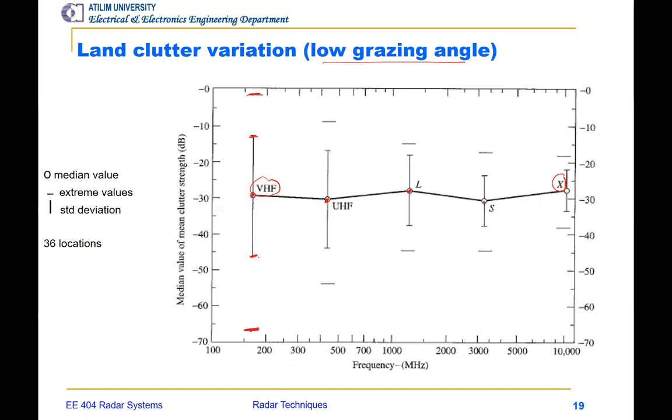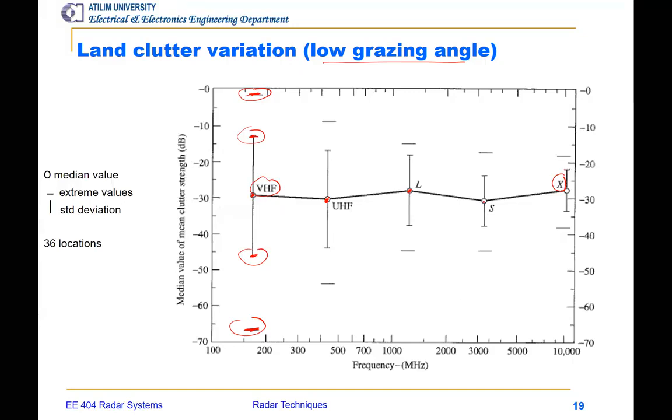So for VHF, for example, the median value of the mean clutter strength reflectivity is in between minus 45 to minus 10 approximately. In a few measurements, it's found to be less than minus 65, and goes up to some minus 2, for example. When the frequency increases, the variation decreases, as you can see.